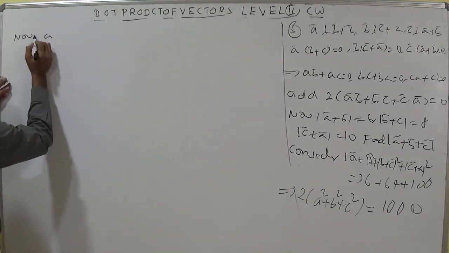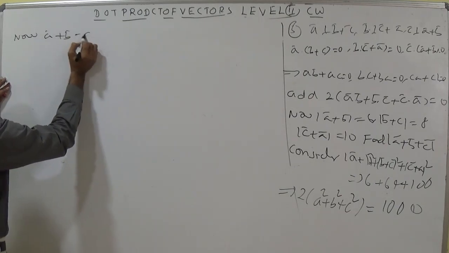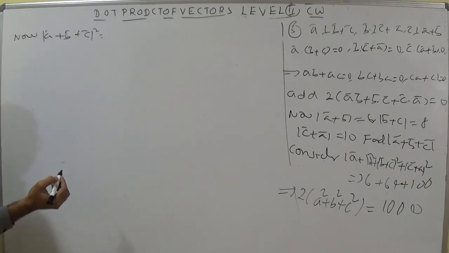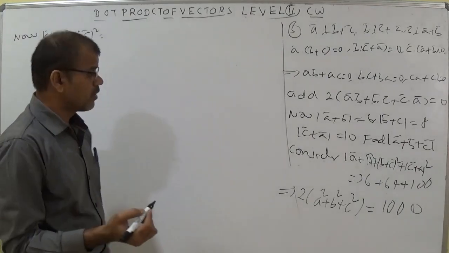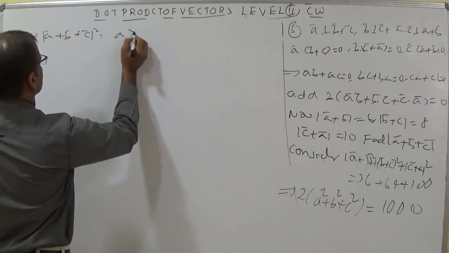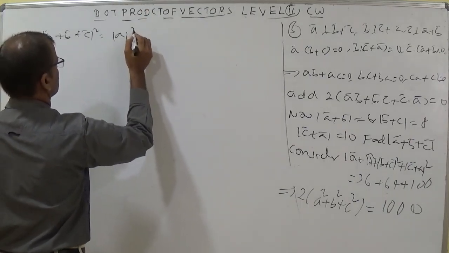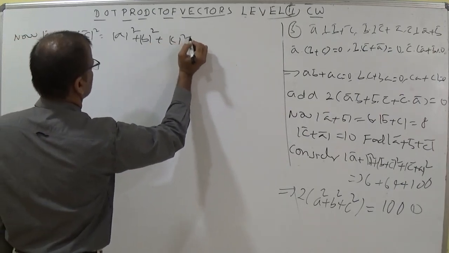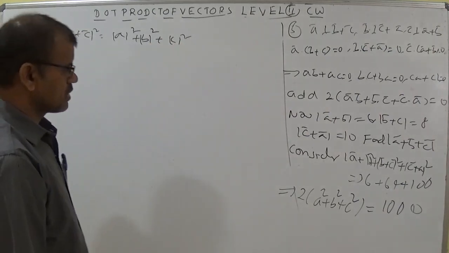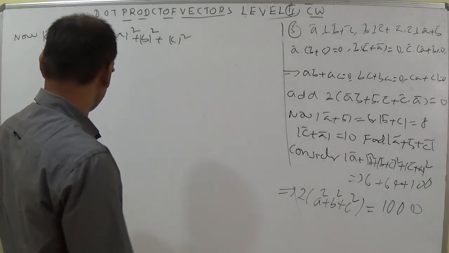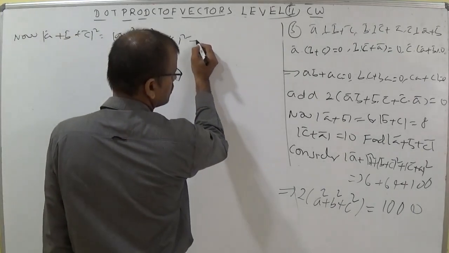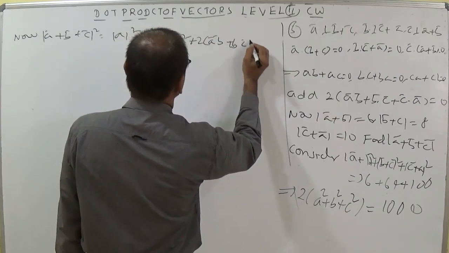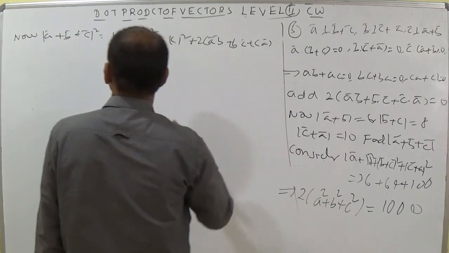What is the formula of (a bar plus b bar plus c bar) whole square? Modulus of a square plus modulus of b square plus modulus of c square plus 2 into (ab plus bc plus ca).